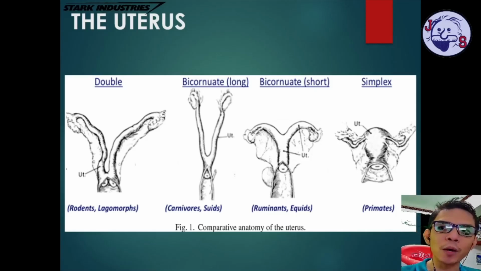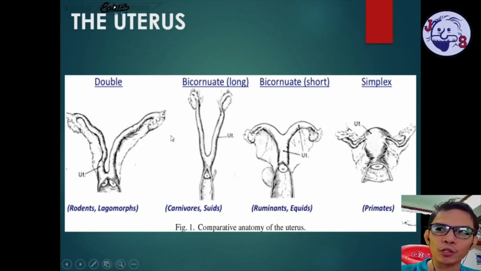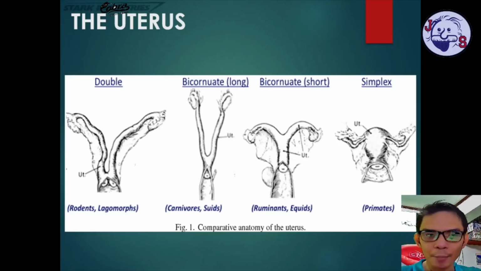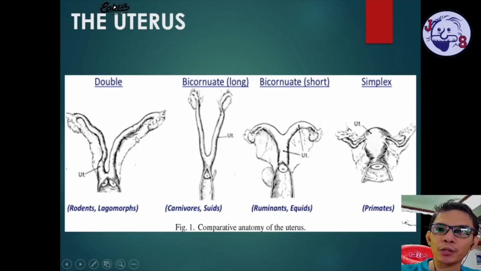In the case of the rodents and some carnivores, which produce a lot of offspring, the rodents have a different shape of uterus compared to primates and ruminants like elephants, camel, cow, sheep, goats, and even pigs. These are some ruminants and these are the shapes of their uterus.